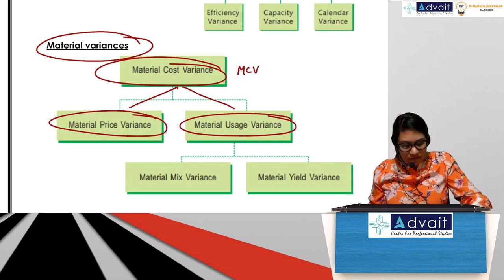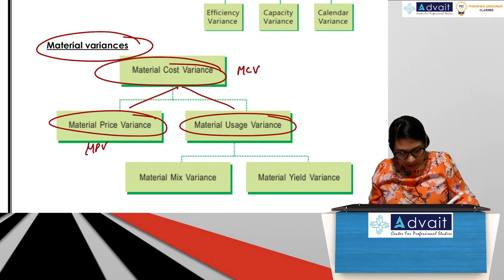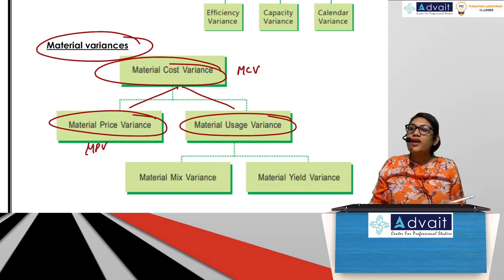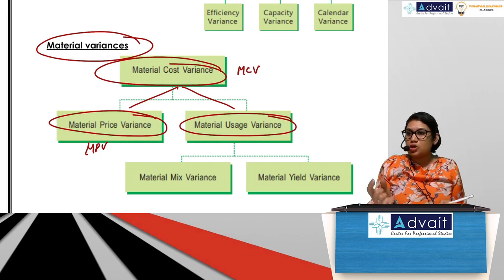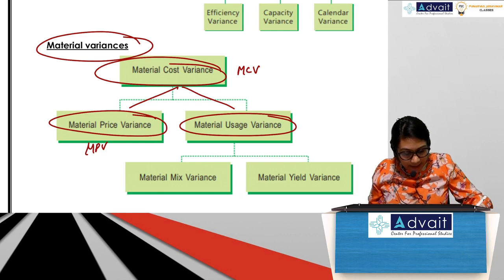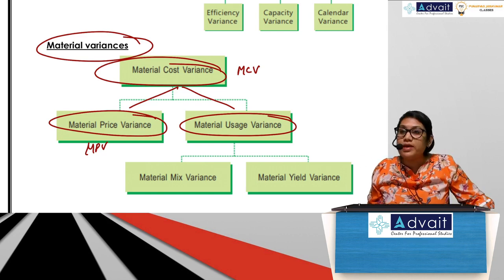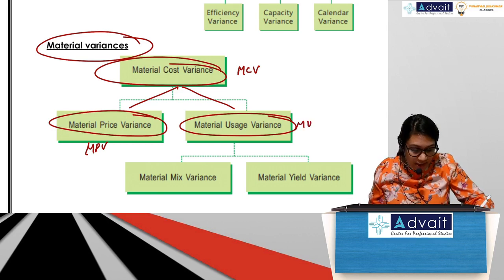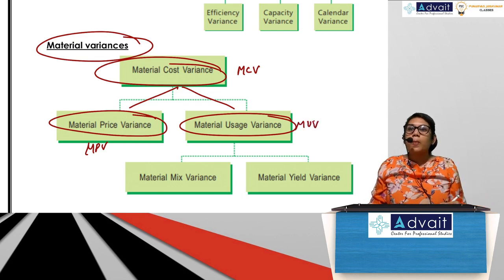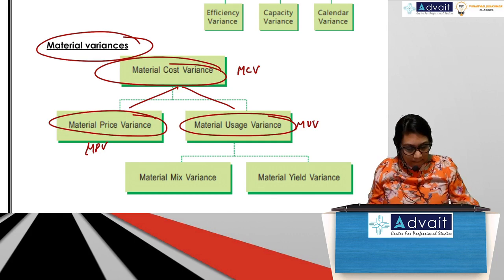So, MCV, overall cost. MPV, because of deviations in the price or the rates of materials purchased. And MUV, material usage variance. This is due to the quantities of materials which have been used.